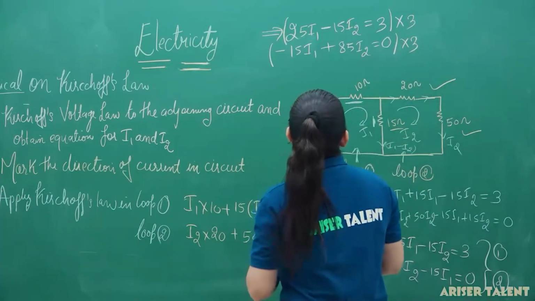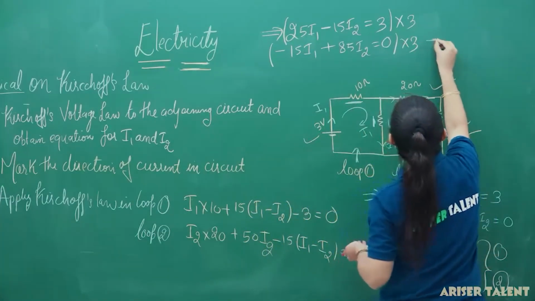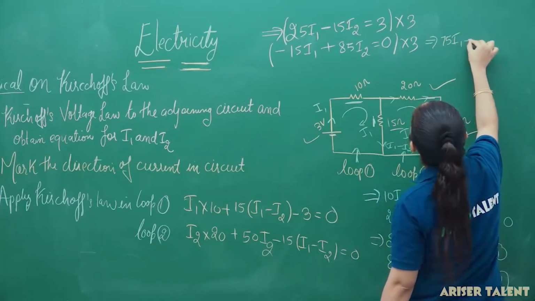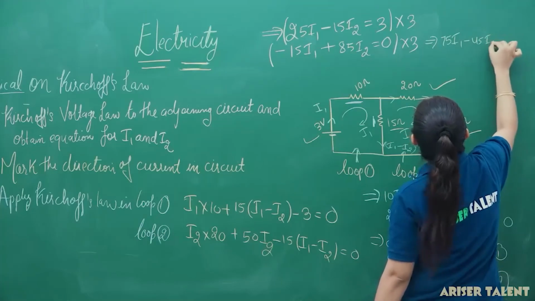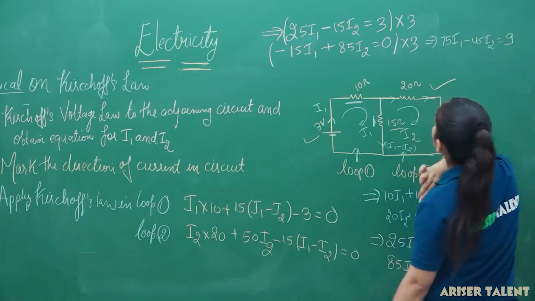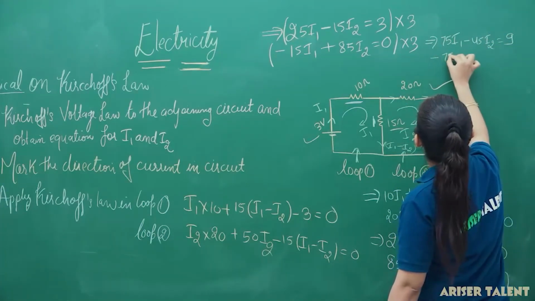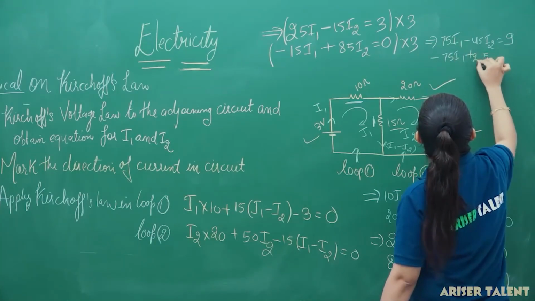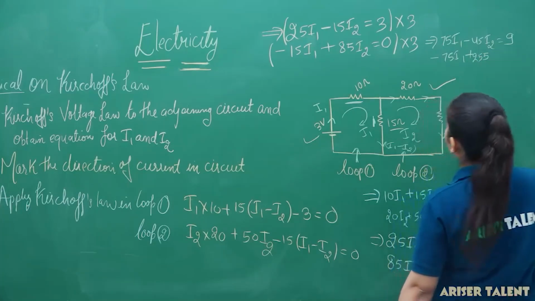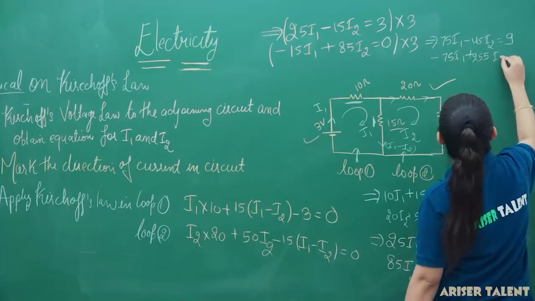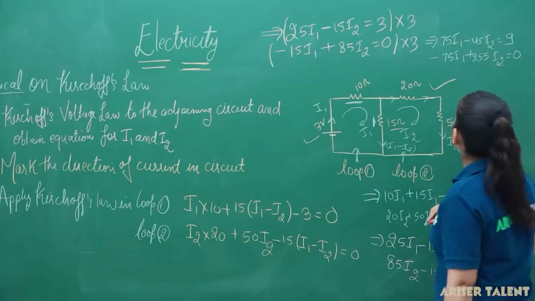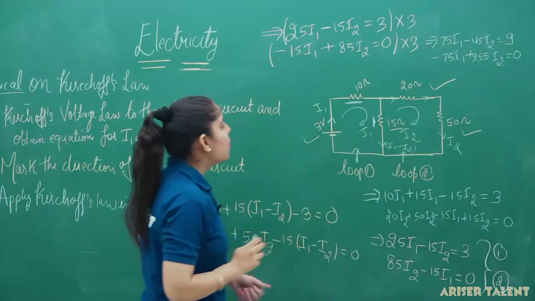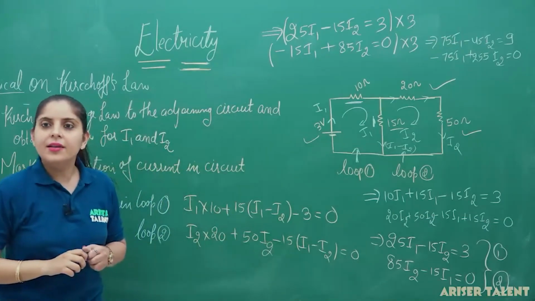If you multiply both these equations, you will get 75 I1 minus 45 I2 equal to 9, and similarly minus 75 I1 plus 425 I2 equal to 0. You can see that here you are getting 75 and 75, one having a positive sign and one having a negative sign.